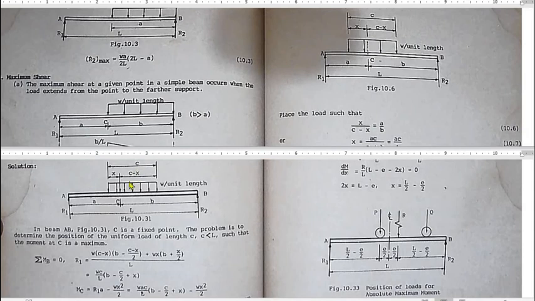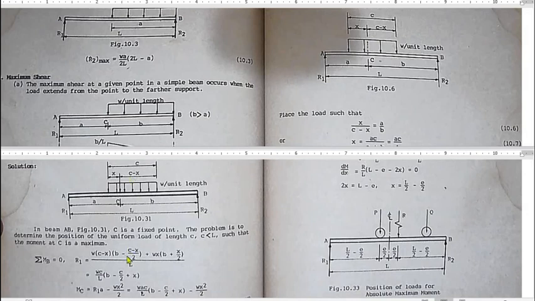Okay? At ang lever arm nito would be length B minus C minus X all over 2. Okay? Ulitin ko. The lever arm is B minus C minus X all over 2, which is this.